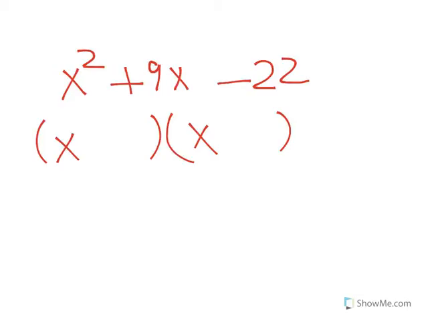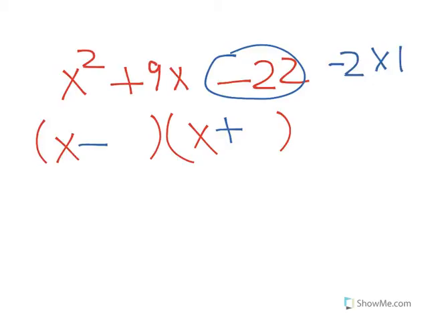So in this case, the clue is -22. I have to end up with a multiplication problem that gives -22. So one of these is going to be negative, one of them is going to be positive. How many ways can I make -22? Not very many. I can do -2 times 11. I can do 2 times -11.